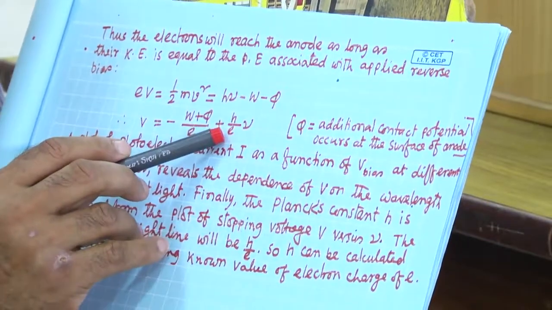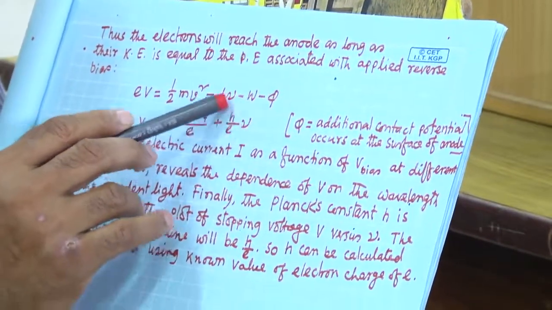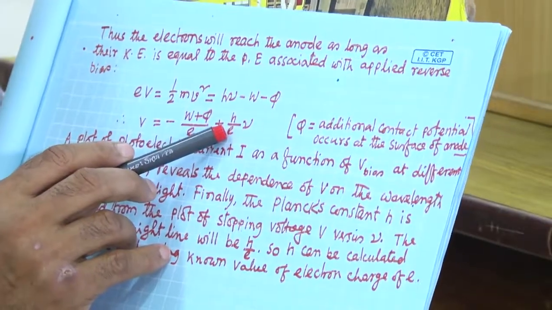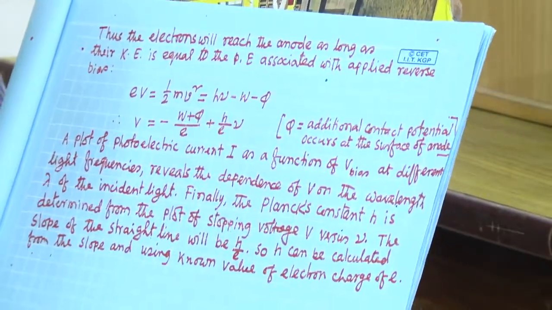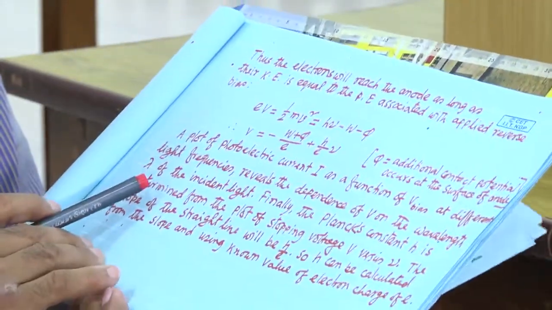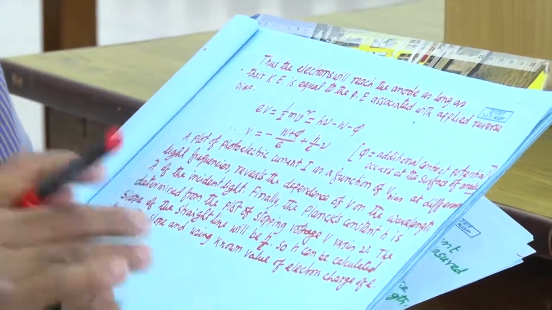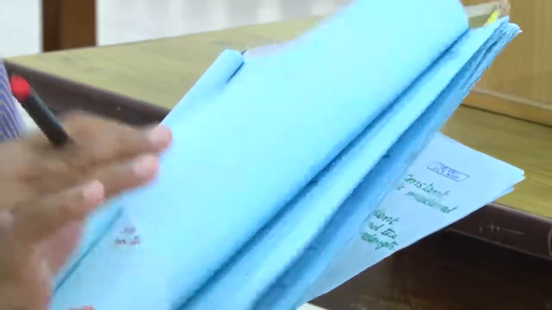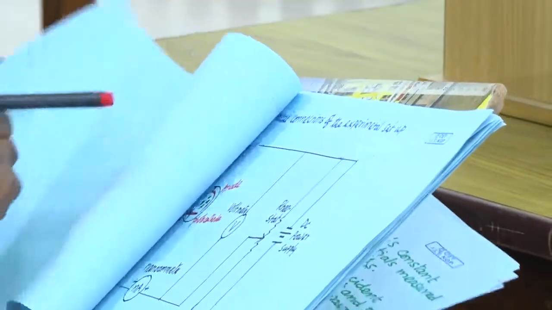So from the slope and the known value of e, you can find h, Planck's constant. This is the first part of the experiment, and the second part of the experiment is as follows.